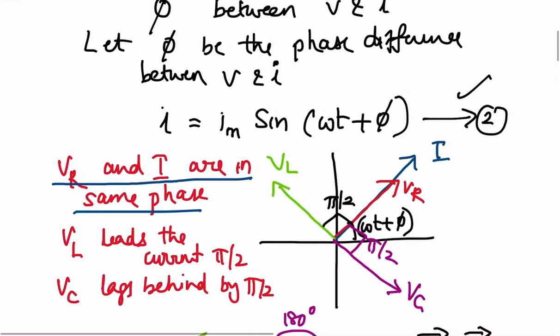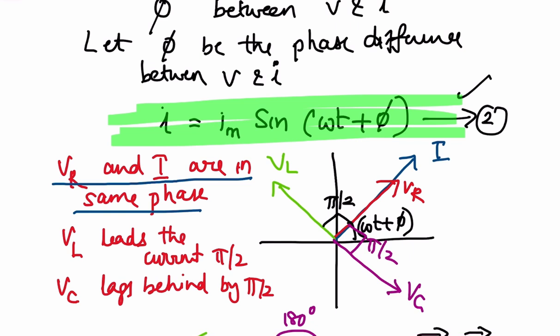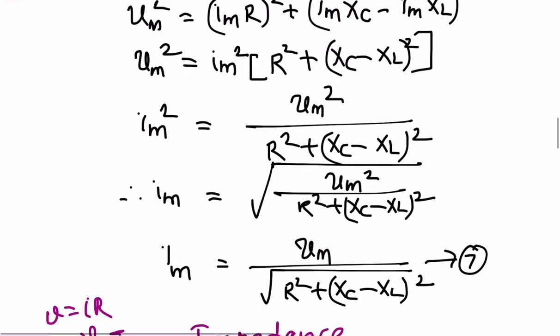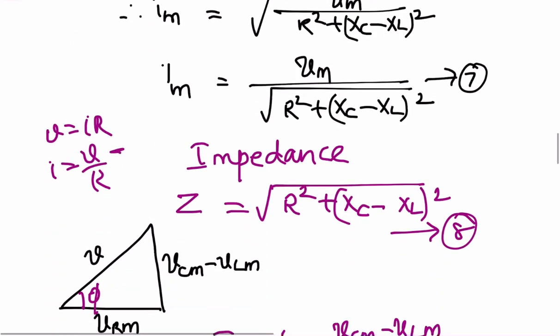Now this is the current equation which we have, and already we have proved what the phase difference phi is. Once you substitute the value of phi and the value of Im, you will get the exact value of the current I. And then we need to know the resistance of the circuit. So the resistance of the circuit is called the impedance. So here we have the impedance of the circuit, equation 8.